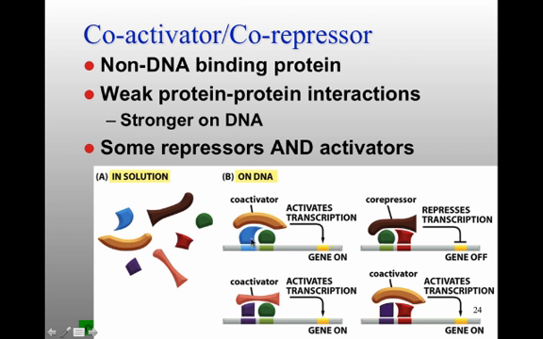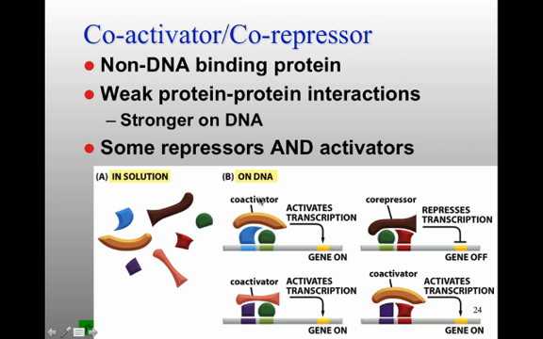But it's not only the DNA binding proteins that are involved in gene regulation. There also are many so-called co-activators or co-repressors, which you find in these systems. The big deal with a co-activator or co-repressor is these are non-DNA binding proteins, but still are very important for regulation of transcription.